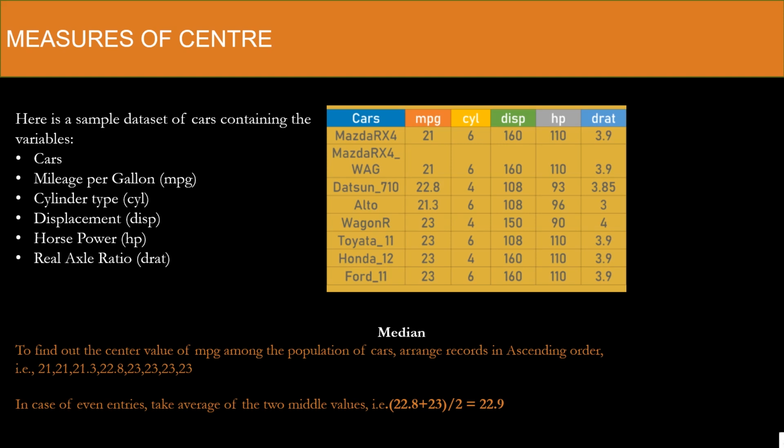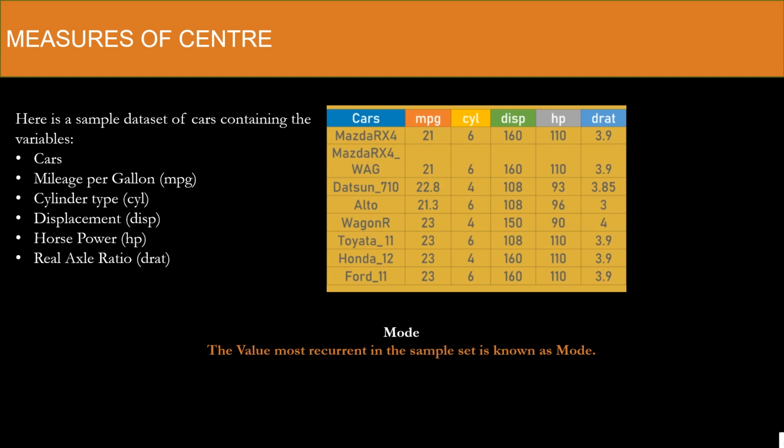But since there are an even number of values, we are going to take the average of the two middle values. So 22.8 and 23 are my two middle values, and I am taking the mean of those two, and hence I get 22.9, which is my median.